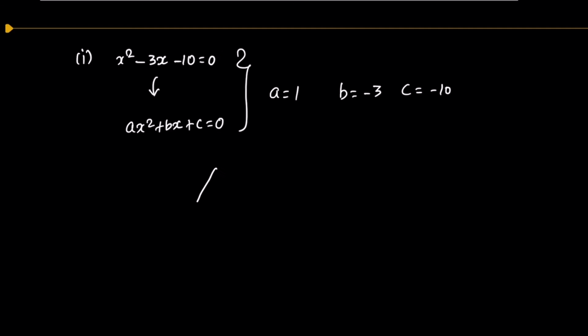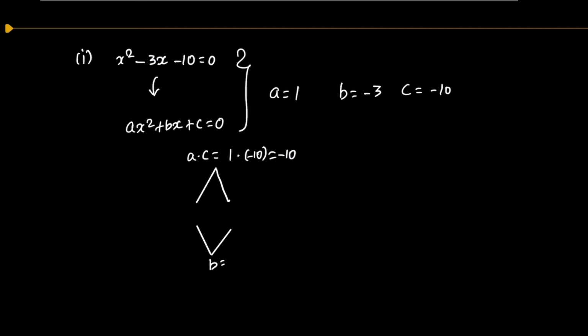First part, the product of a and c, and the sum of the two numbers is equal to b. So here a times c, 1 times minus 10, is equal to minus 10.